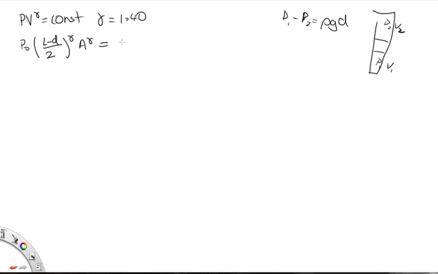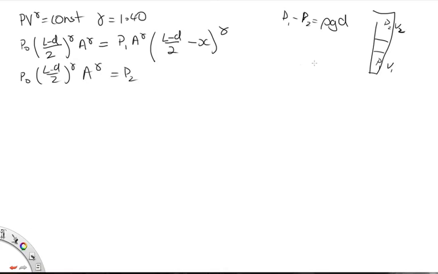And so P1 is given by P1, and then we need V1 to the gamma, which is A to the gamma, times this new length here, which is L minus d over 2 minus x, to the gamma. And we've got P naught times L minus d over 2 to the gamma, A to the gamma, is equal to P2, we're considering this part, L minus d over 2 plus x to the gamma.